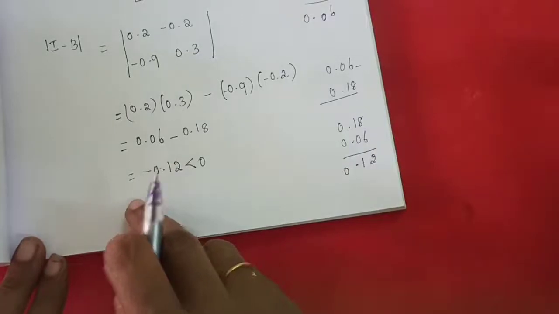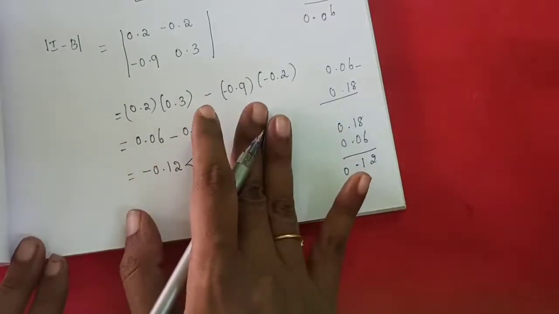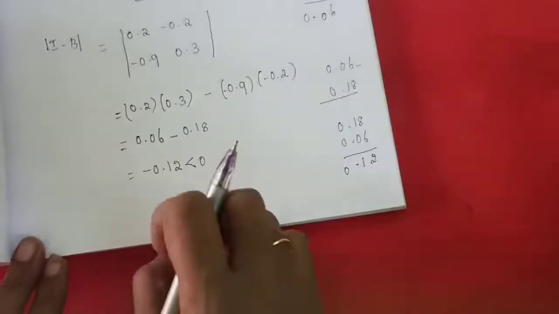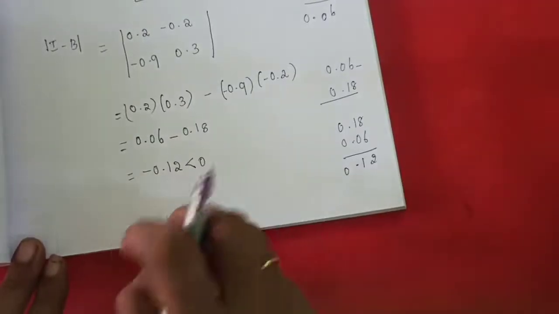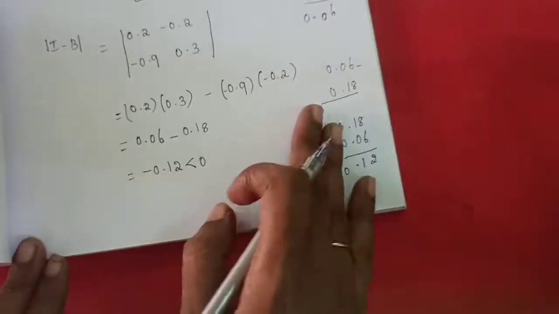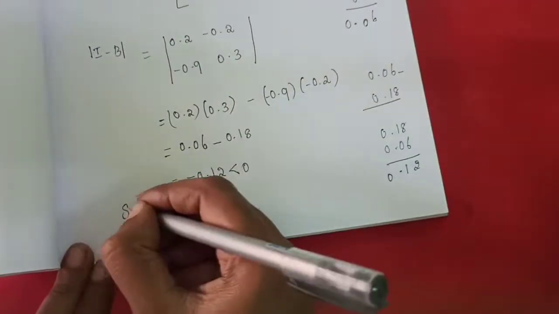What is the Hawkins-Simon condition? I taught you. The Hawkins-Simon condition means the determinant of I minus B must be positive. If it is negative, the system is not viable. So how will you conclude the answer?